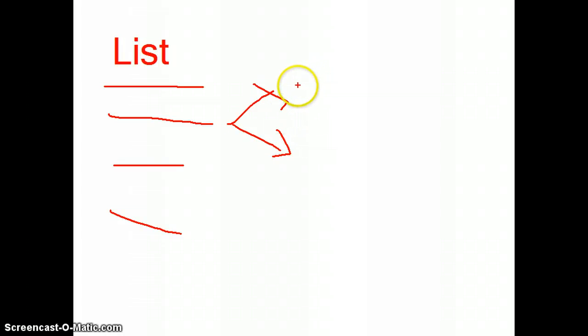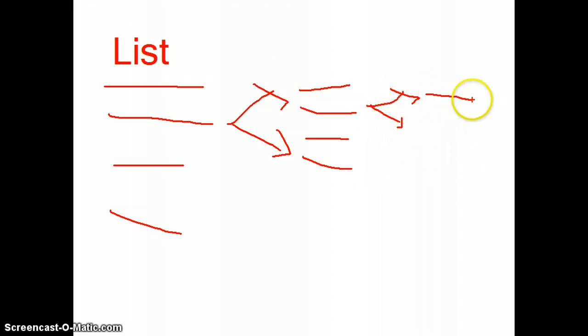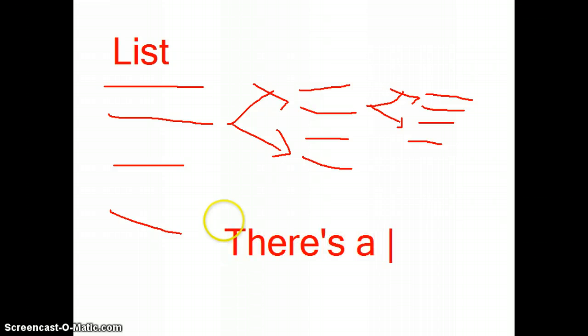Here I am taking the second element and making multiple lists out of it. As you can see, it's getting kind of cumbersome and difficult. Turns out there's a better way.